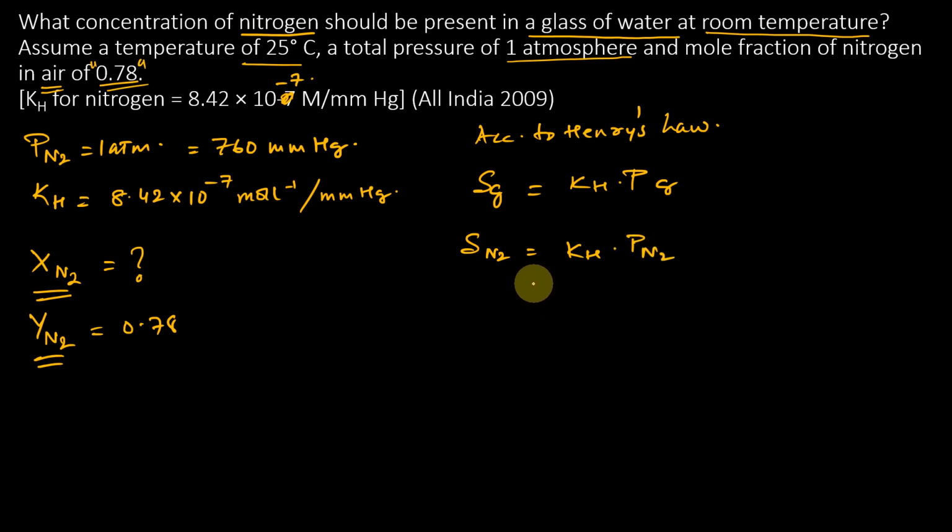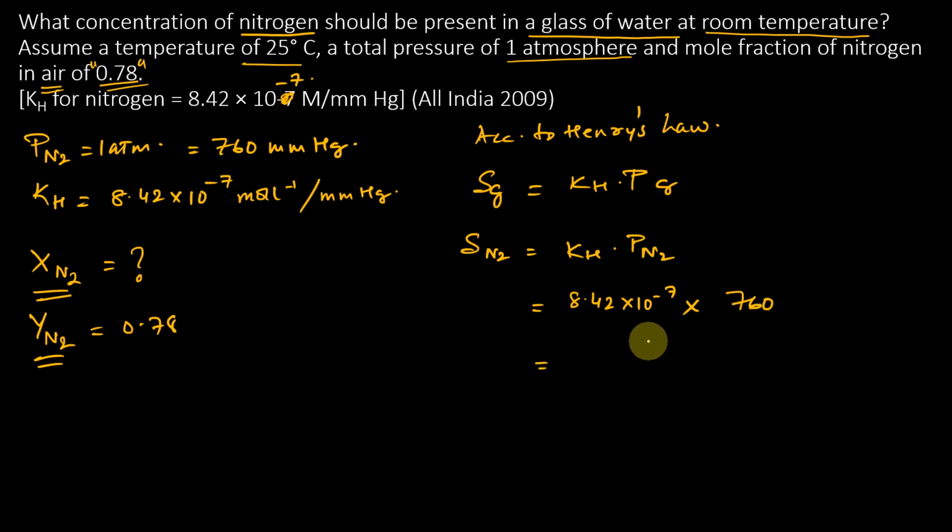Okay, so solubility will be what? Solubility will be, we need to find that, right? So KH का वैल्यू कितना आएगा? 8.42 into 10 to the power minus 7 into pressure of nitrogen is 760.